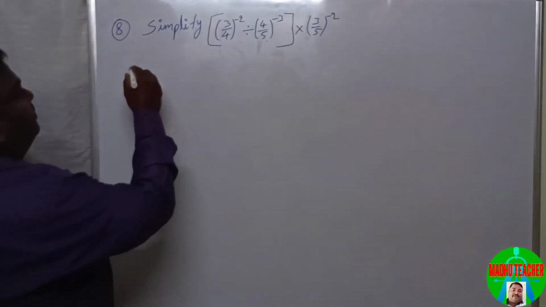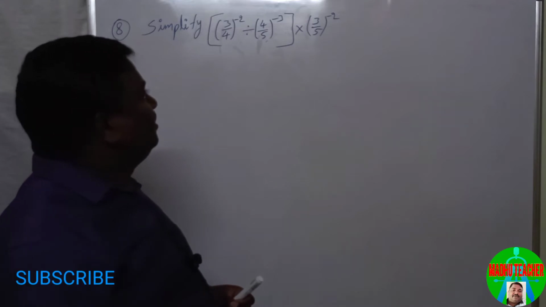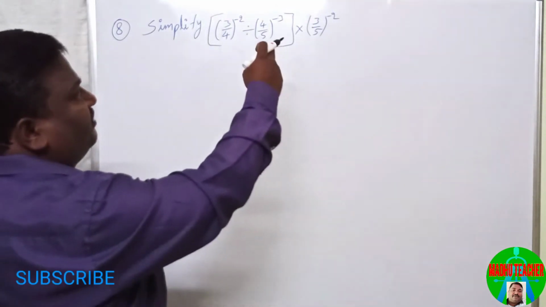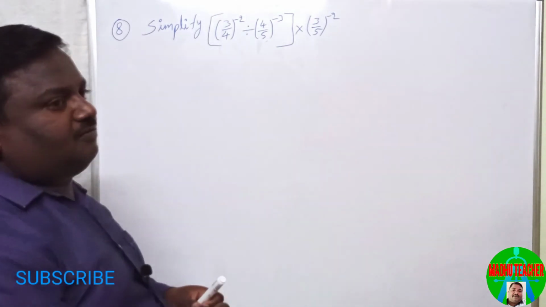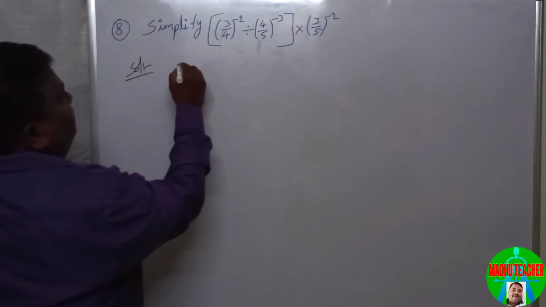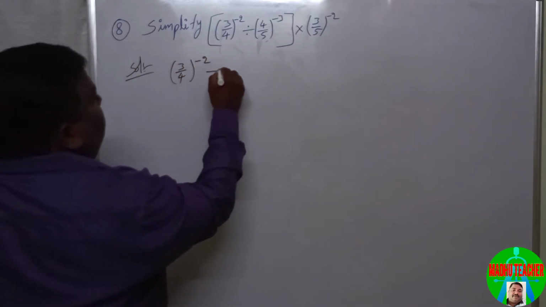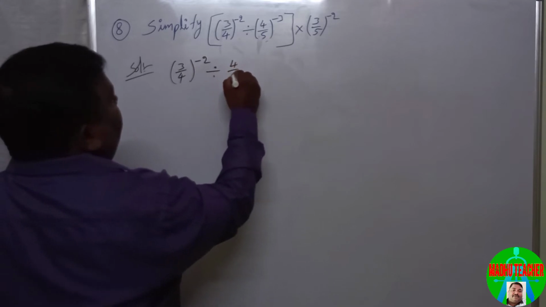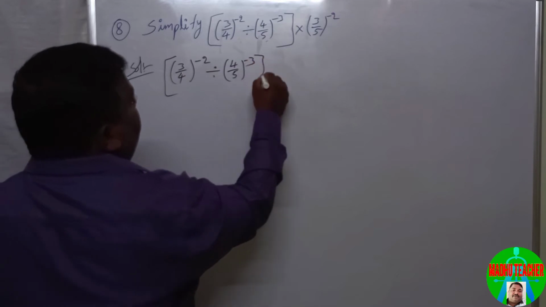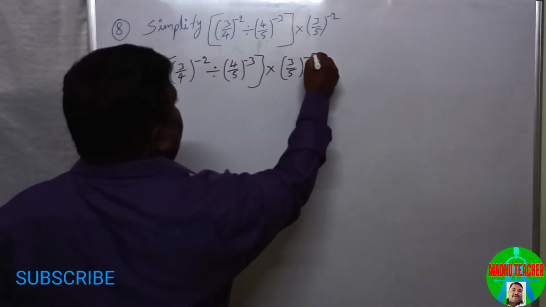Okay, the eighth one is: simplify 3 by 4 whole to the power of minus 2 divided by 4 by 5 whole to the power of minus 3 into 3 by 5 whole to the power of minus 2. So the given one is 3 by 4 whole to the power of minus 2 divided by 4 by 5 whole to the power of minus 3 into 3 by 5 whole to the power of minus 2.